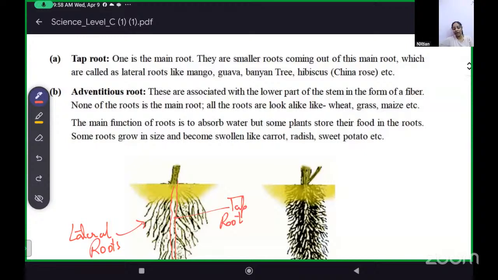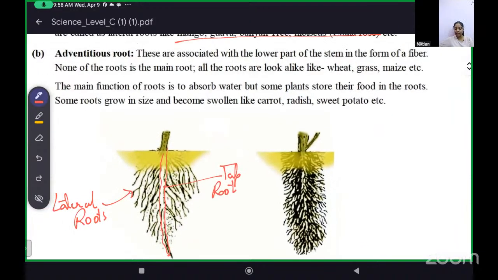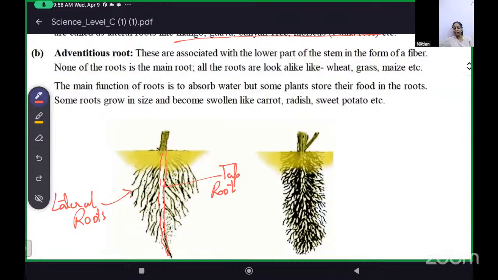Mango, guava, banyan tree, hibiscus, etc. have such roots. Adventitious roots are associated with the lower part of the stem in the form of fibers. None of the roots is the main root, but a whole fibrous structure of roots. Examples are wheat, grass, maize, etc.